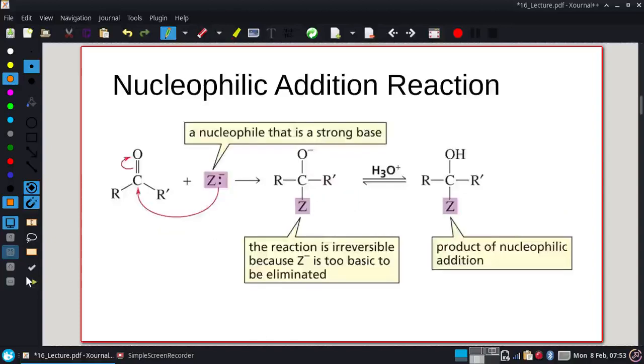Well, we're not going to see that now because on our aldehydes and ketones, that's not really a good leaving group. So what's going to happen instead is it stays on there, and we end up protonating our tetrahedral intermediate, and it stays a tetrahedral. So this is just a nucleophilic addition reaction rather than an addition-elimination.